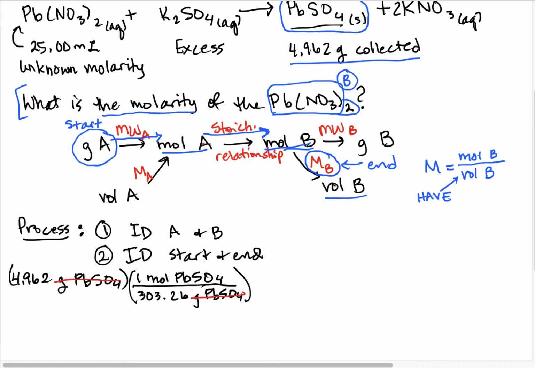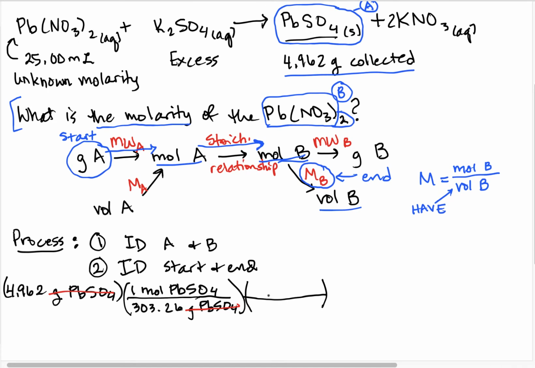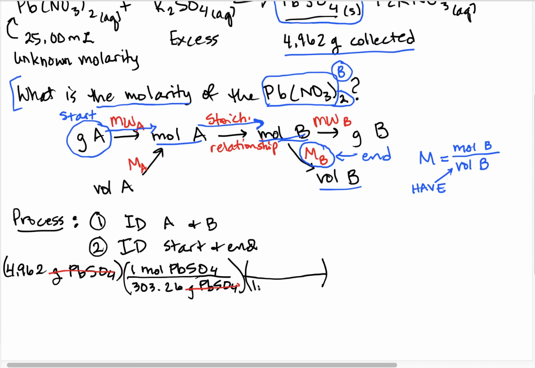So my next step is to use the balanced equation to get between moles of lead sulfate and moles of lead nitrate. So if I look at the balanced equation, I can see that these are 1 to 1. So 1 mole of lead sulfate goes on the bottom so that I can cancel out those units, and 1 mole of lead nitrate goes on the top.